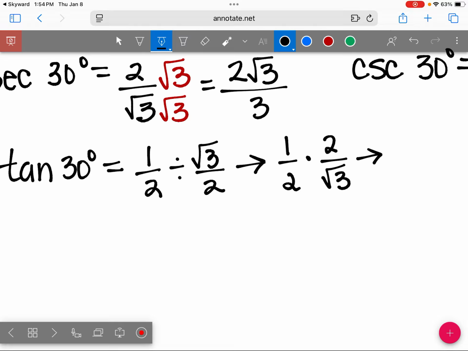All right, so here, see how I have a 2 up and a 2 down? I can cancel those out. So I have 1 over root 3, but unfortunately, I have the same problem with tangent that I had with secant. So we have to rationalize it. Multiply top and bottom by the square root of 3.